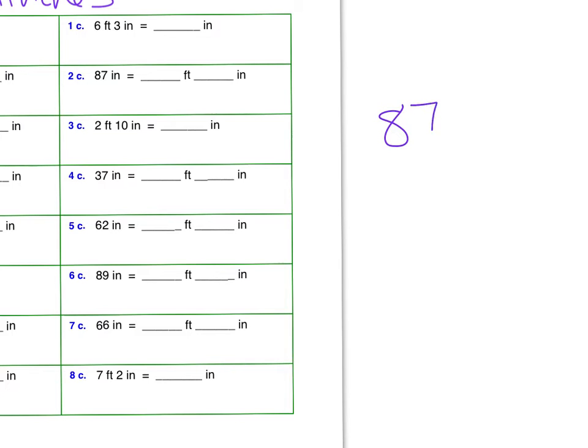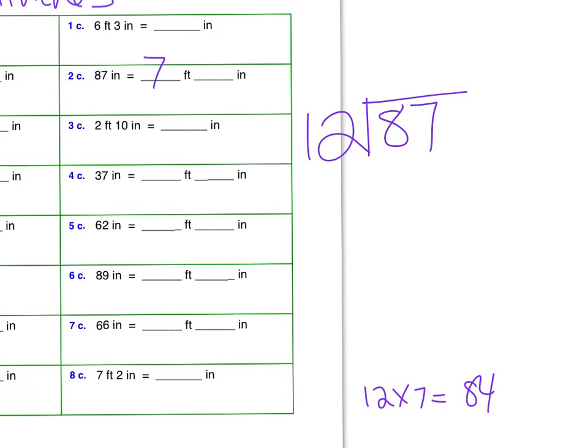So I'm going to take this 87 and divide by 12. Now if you want to use a calculator at this point to get that first number, that's great. You could also use a multiplication chart, or you can pull that math fact out of your brain. I know that 12 times 7 is 84. That's the closest I'm going to get. So I know I've got 7 feet here.